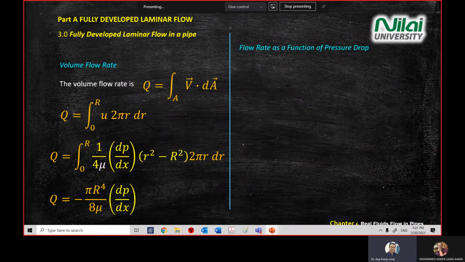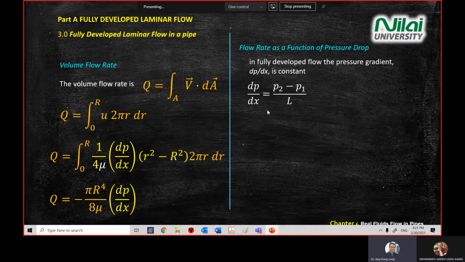All right, then the next one: we want to put our volume flow rate in terms of pressure drop, which is delta P, because this is a pressure differential. Putting in delta P means we can take the pressure difference between two points directly. So how do we write it mathematically?